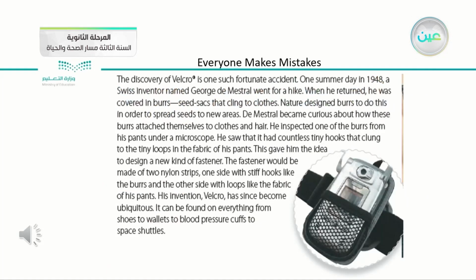After that, we have another invention, another happy accident. In the picture, we have a mobile phone that is put inside a belt. In this story, something was invented accidentally. What was invented accidentally is a fastener. What is the meaning of fastener? A fastener is like a belt that can be used to tie things together.